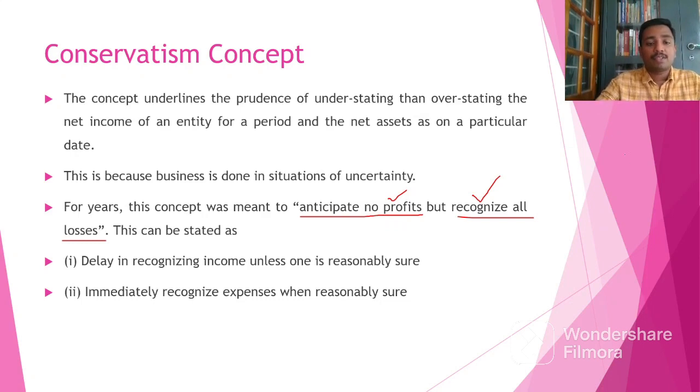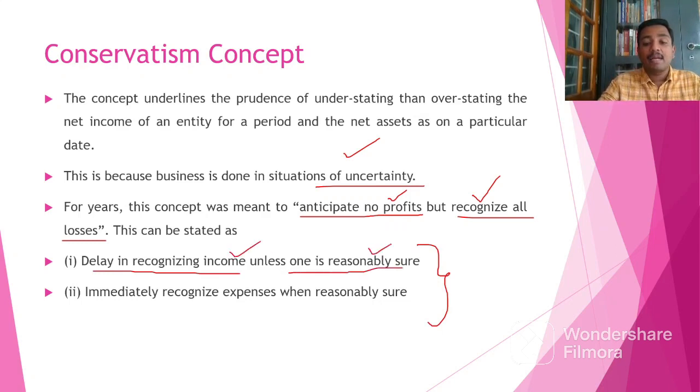This is because the business is done in a situation of uncertainty. The principle is there because the business is in an uncertainty situation. So this concept means that we anticipate no profits, and we should recognize all the losses, which means those that are certain. It is also restated as delay in recognizing the income unless one is reasonably sure.